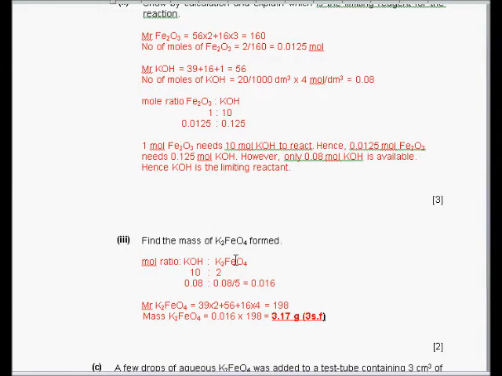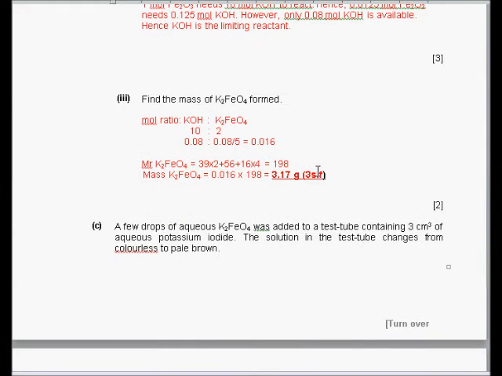Look at the mole ratio, or the mass ratio can also. But a lot of you, surprisingly, look at the mole ratio between Fe2O3 and K2FeO4. It should be KOH and K2FeO4. Why? Because KOH is the limiting reactant which you found from here. And again, the answer must be 3 SF.